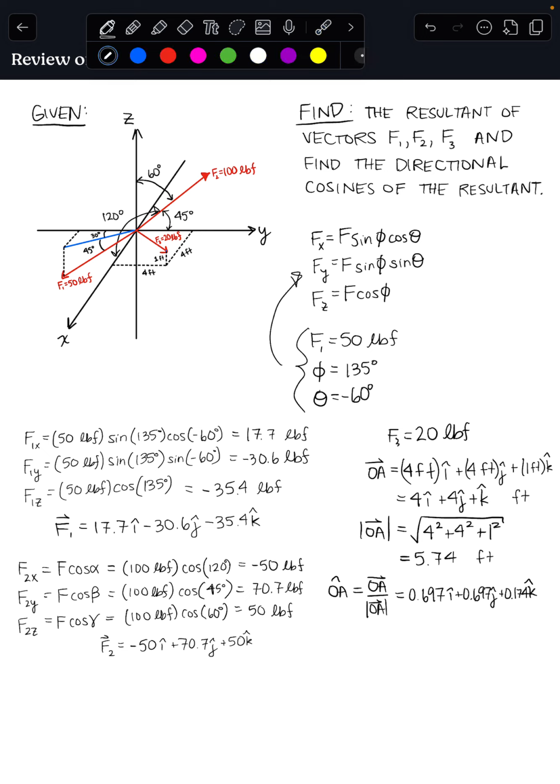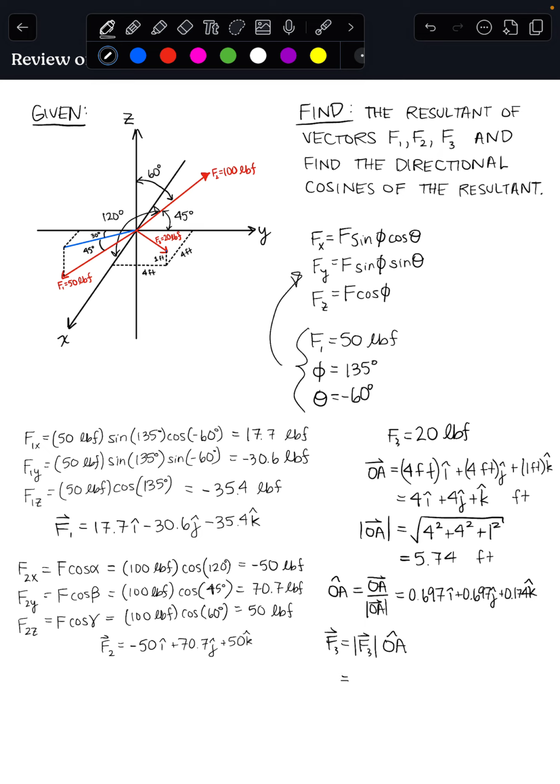Okay, and now we want F3, which is going to be equal to the magnitude of F3, which we're given is 20 pounds, times the direction of F3, which is pointing along this OA unit vector direction.